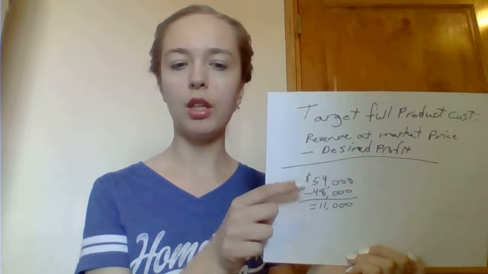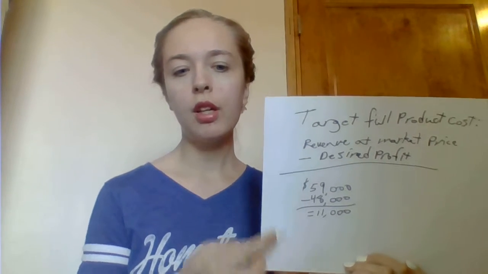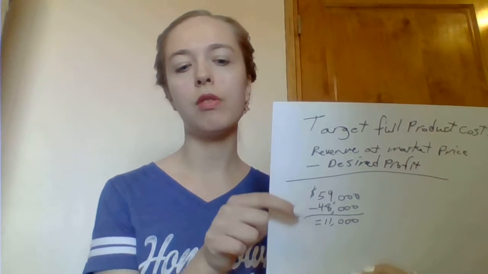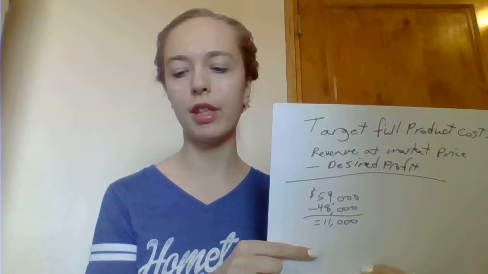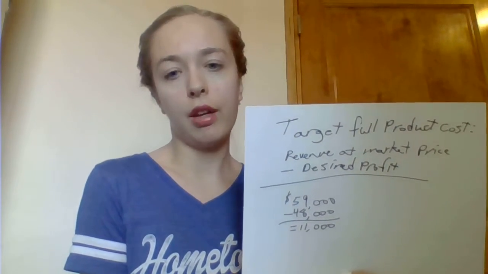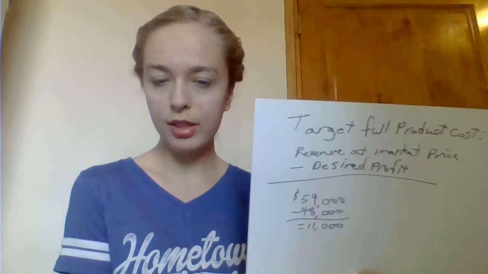Now, as a little example, let's say our revenue at market price was $59,000 and our desired profit happened to be $48,000. So we're going to subtract the $48,000 from the $59,000, which is going to give us $11,000. That will give us our target full product cost, which tells us how much it's going to cost us as a company to develop our product, deliver it, and any other costs that might be included in there.